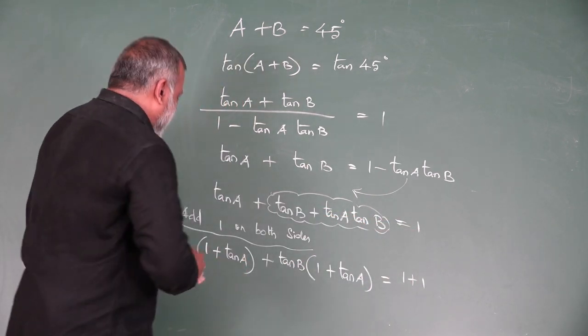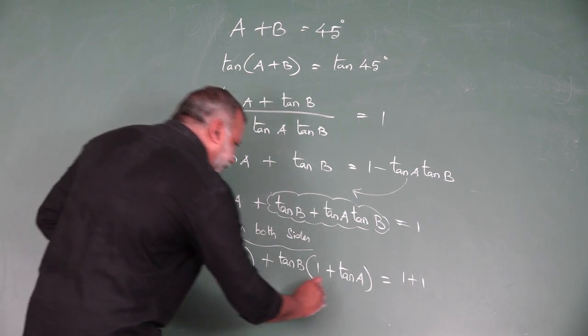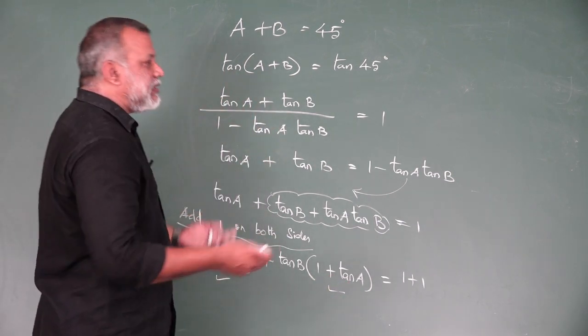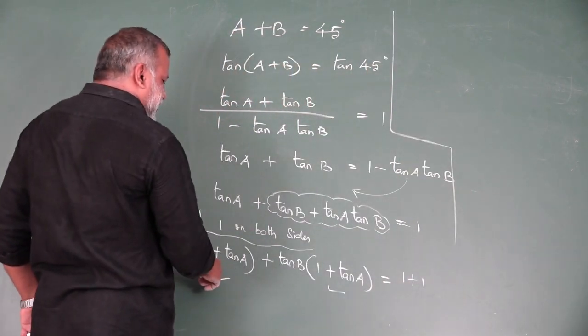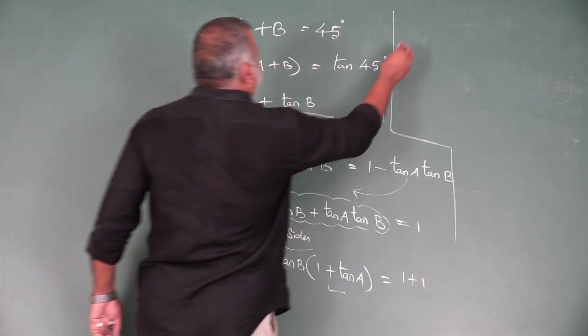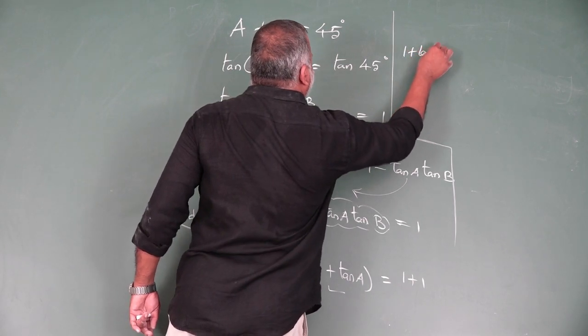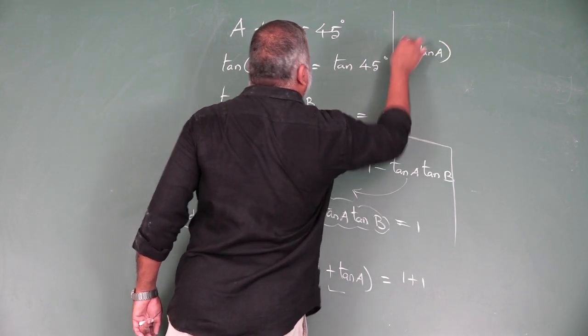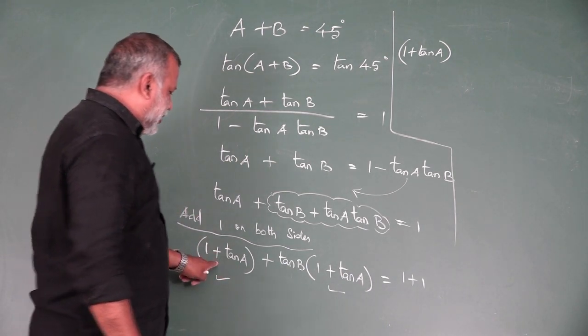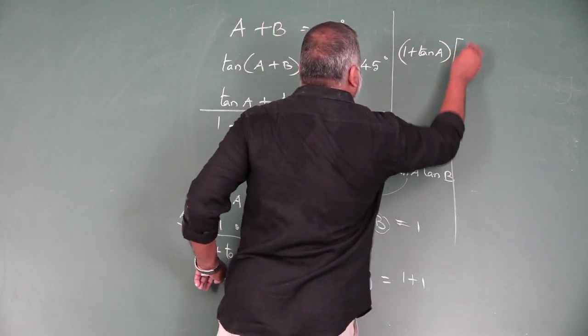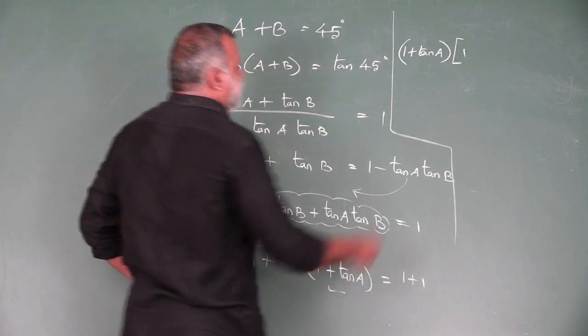Now see, this 1 plus tan A, again this 1 plus tan A is the common factor. So again I can take out 1 plus tan A as common. If I take out 1 plus tan A, the remainder is 1 plus tan B.